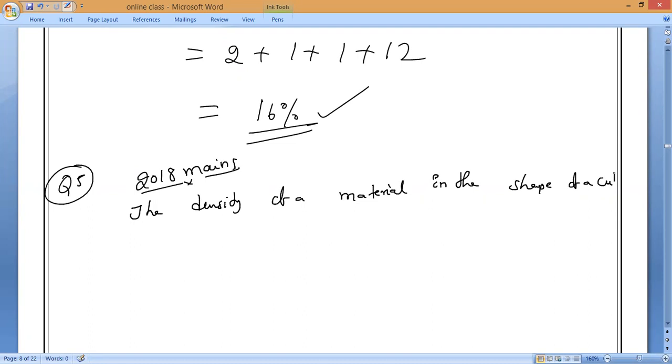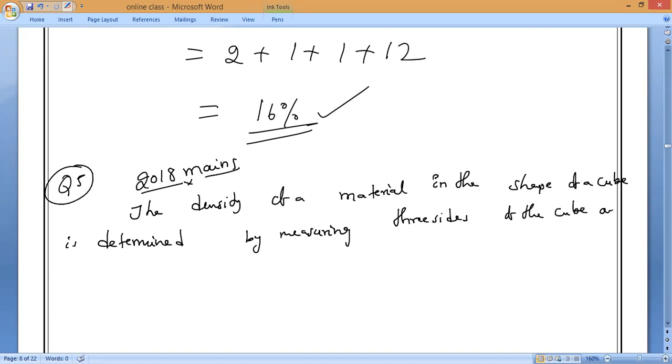The density of a cube is determined by measuring three sides of the cube and its mass.